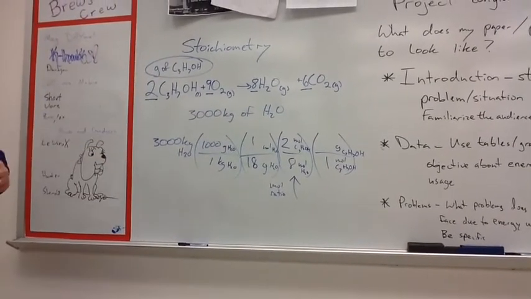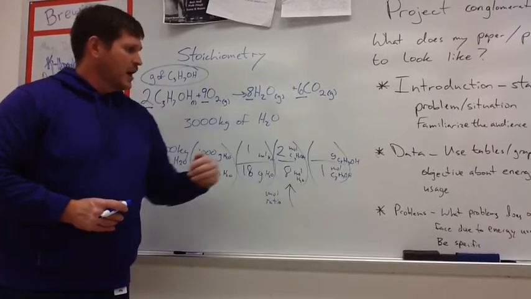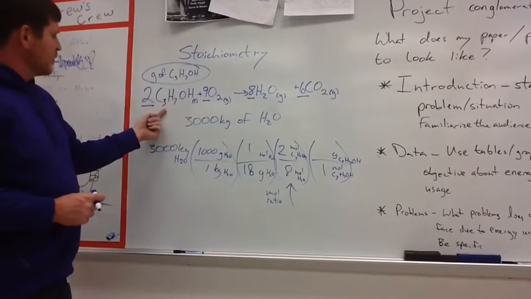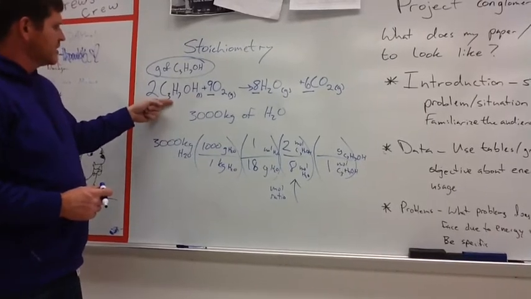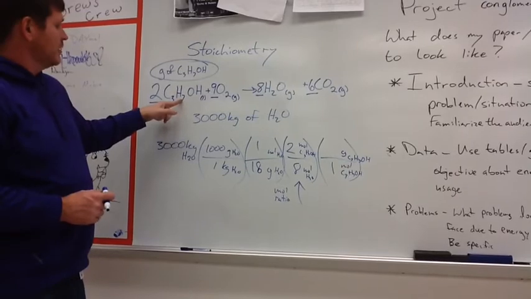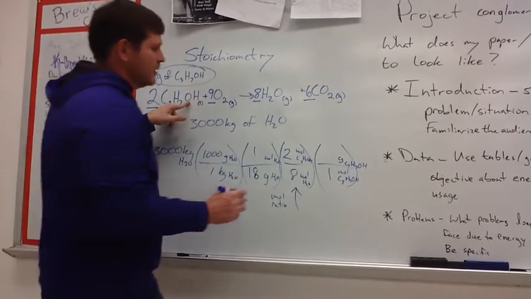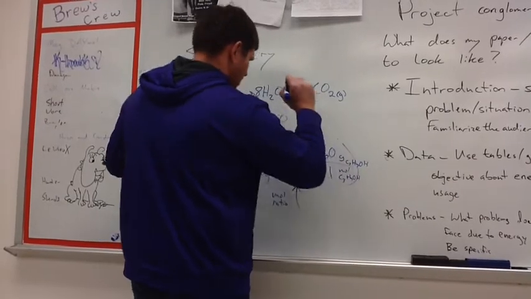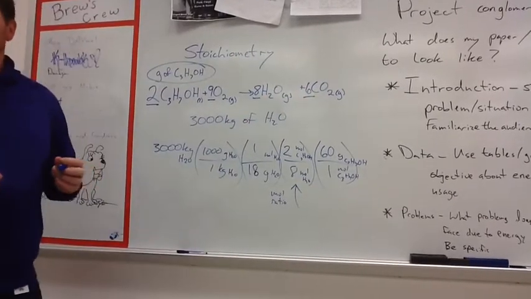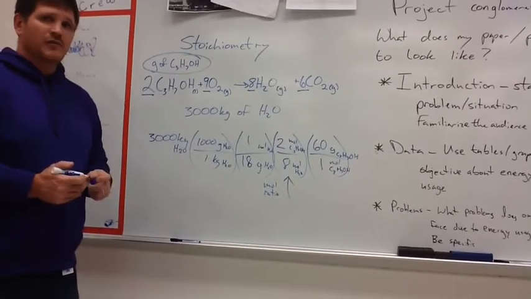And my gram in this case is going to be the gram molecular mass of isopropyl, which is going to be 12 times 3, 36, plus 8 times 1, which is going to be 44, plus the 16, so that is 60 grams. Alright, I'm going to come back after I get my handy-dandy calculator, and we'll go and figure this out.